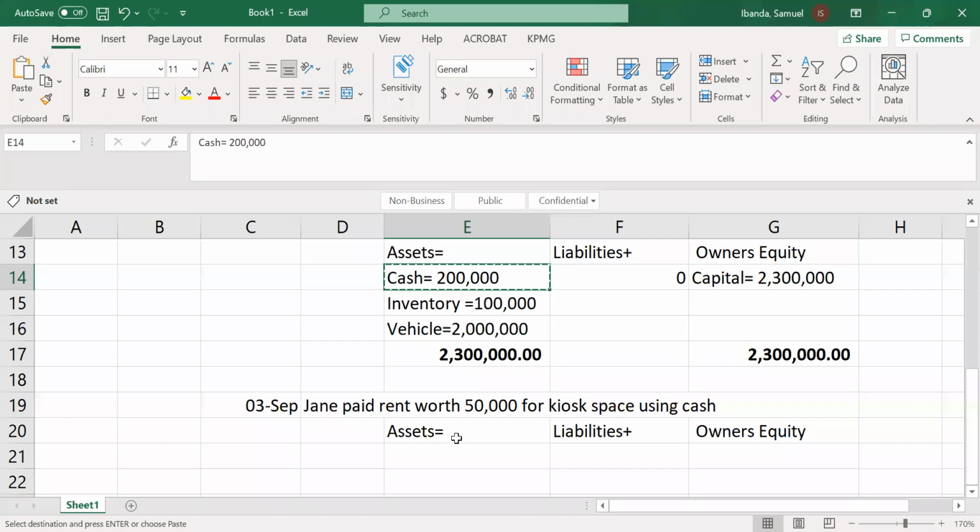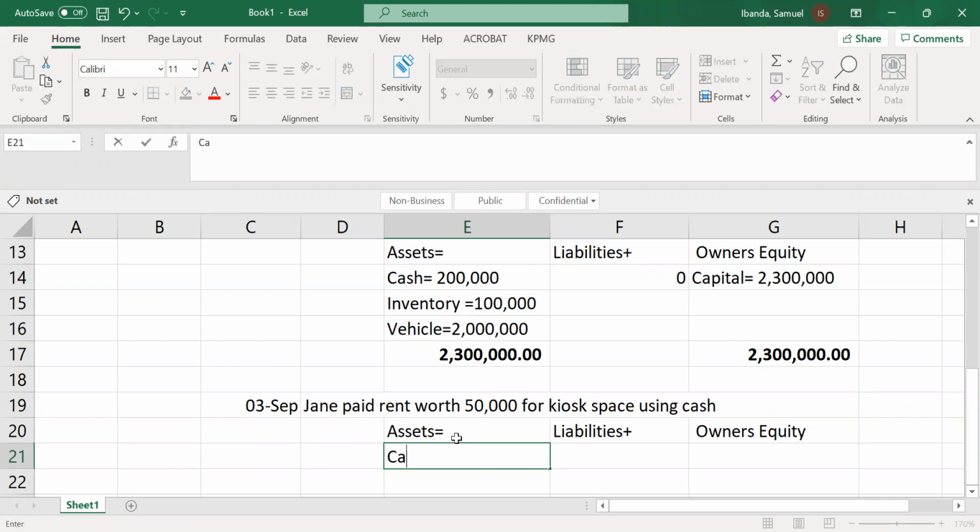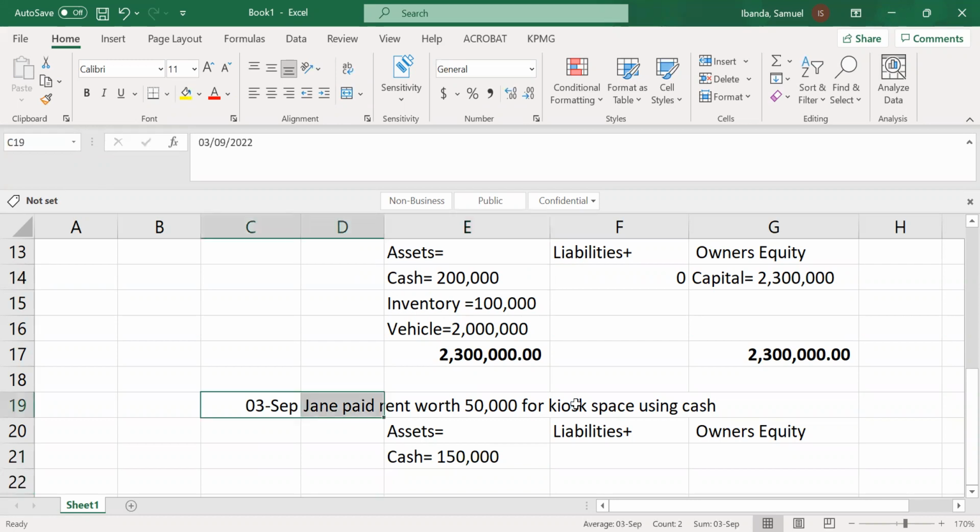We start now with our cash. Our cash that was 300,000 reduced 200,000 in the second equation. Now, since we are still using cash here, our cash is going to reduce. It's going to come to 150,000 because cash is being affected by this transaction.